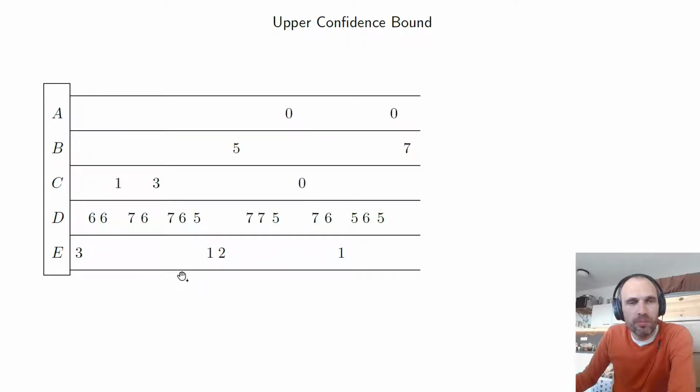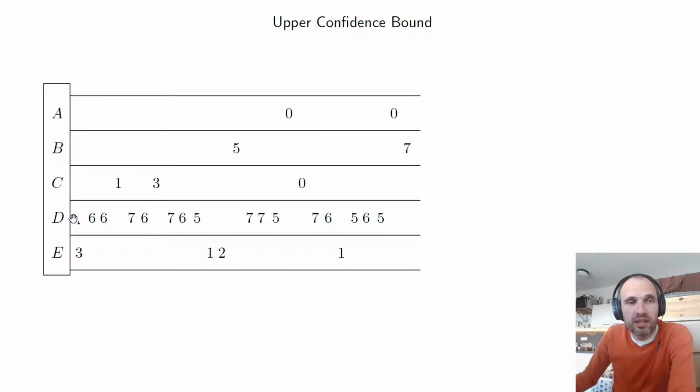Okay, so to motivate this upper confidence bound, it's kind of an odd name. I want you to think about the scenario we're having here, where we explored already many options, and I want you to think which option you would pick next, right?